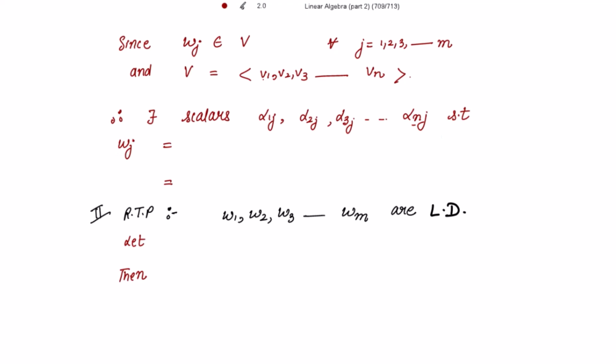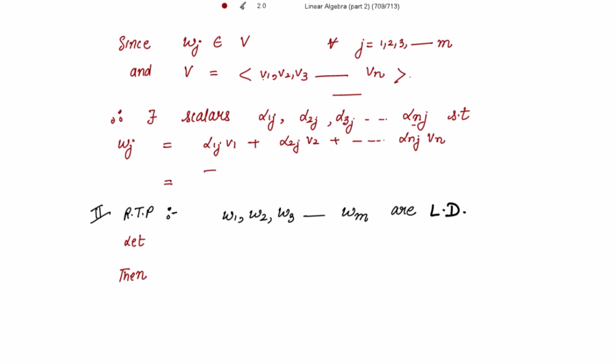So Wj is present in V, and because this is a generating set, every element of V is a linear combination of the vectors present in the generating set. This is that definition. So Wj is equal to alpha 1j V1 plus alpha 2j V2 plus and so on up to alpha nj Vn.